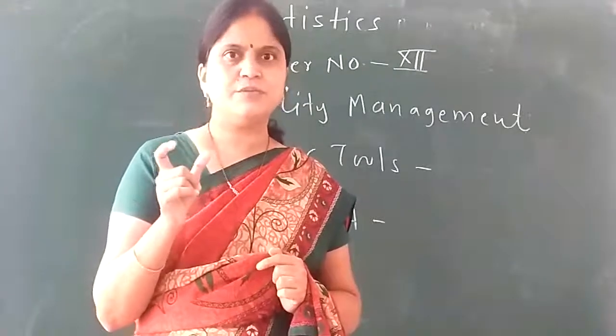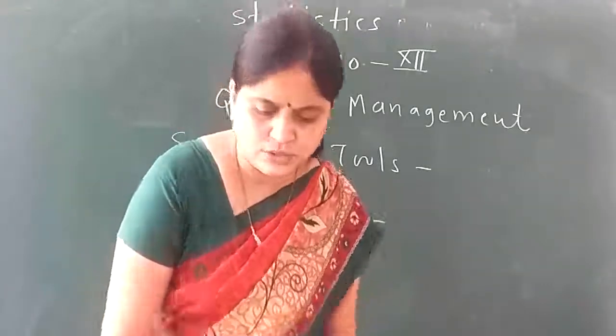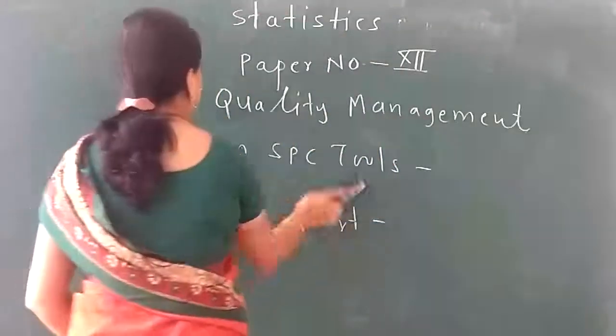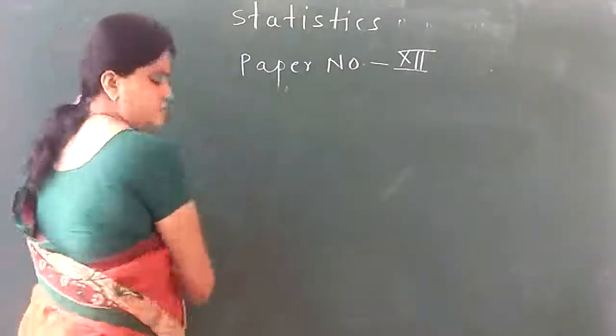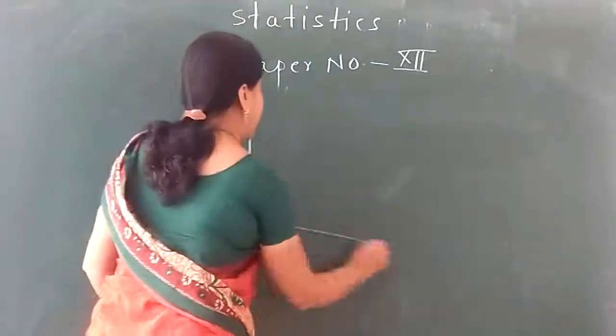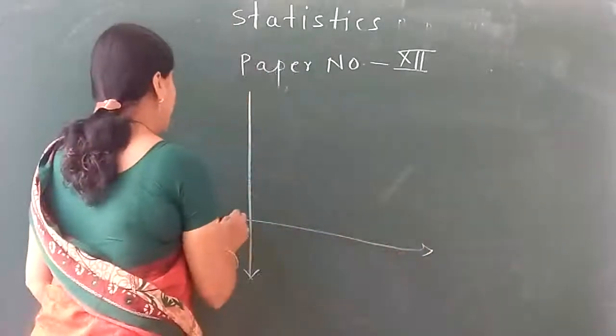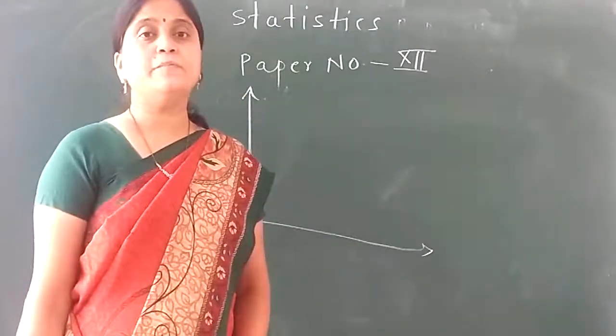7 SPC means statistical process control. Okay, so how does it look? See, it looks in this manner. So I have the Pareto chart. It actually looks like a bar diagram.